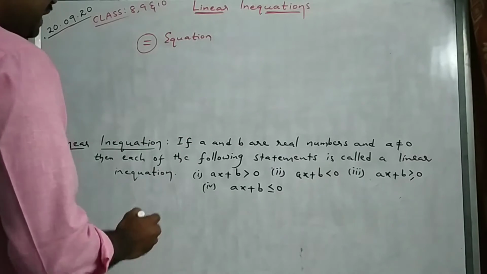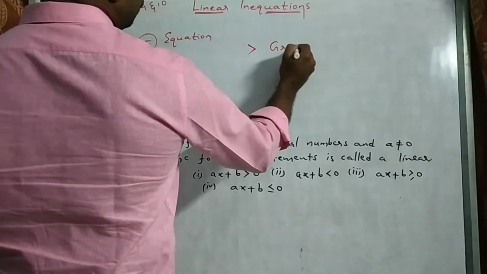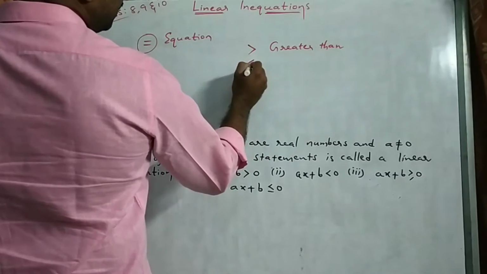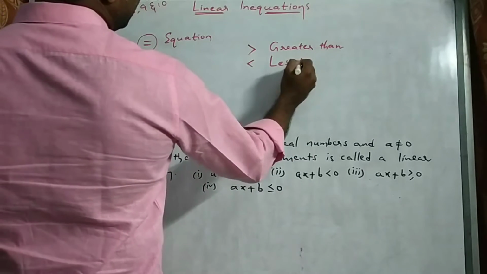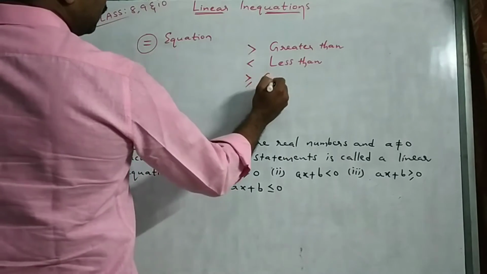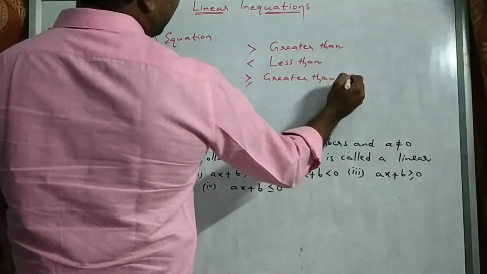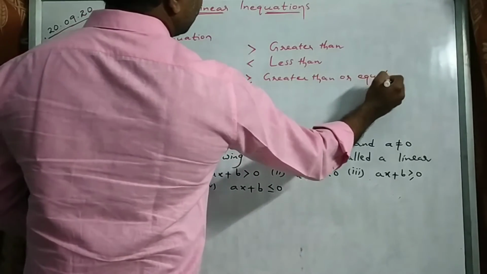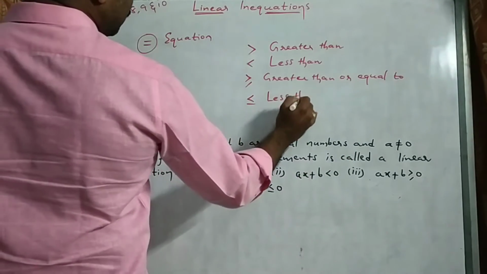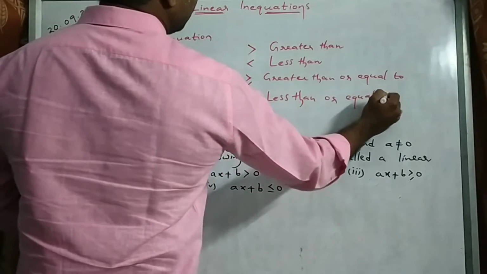An expression containing symbols like greater than, how do we read this? Greater than, less than, greater than or equal to, less than or equal to.